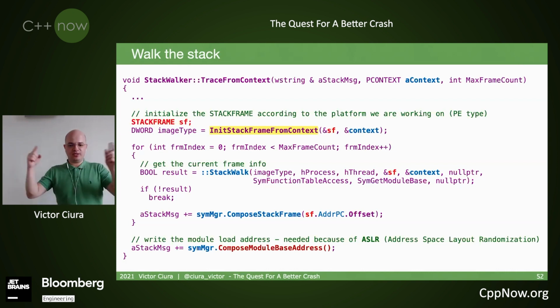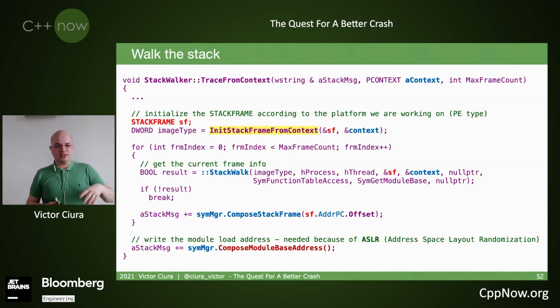So later on, when we have all the addresses, we can do the address translation and subtract this module base address from all the absolute PC counters that we have in the crash dump. So we can see the relative addresses and decode them properly with the symbol file that we have.